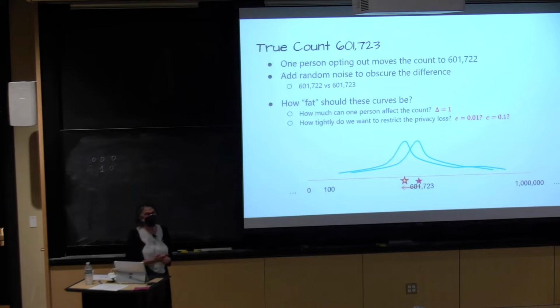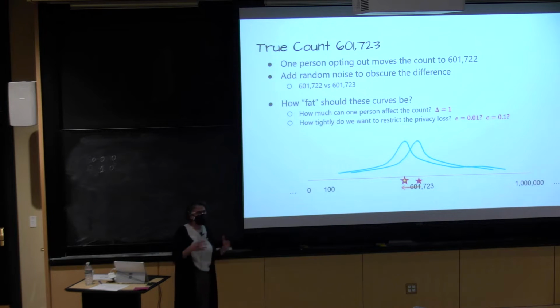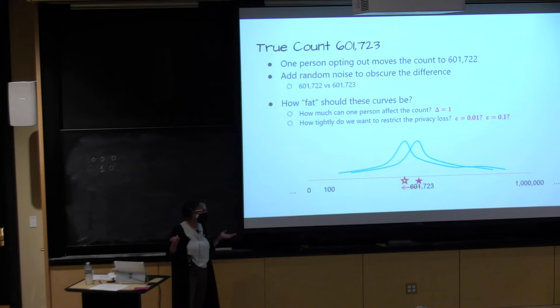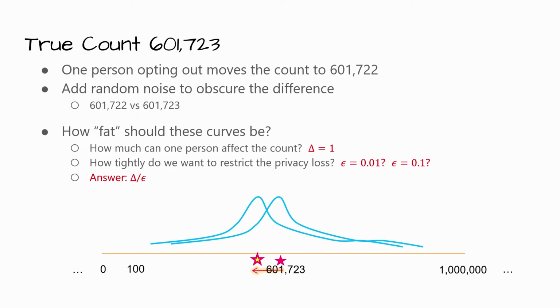But we're also interested in restricting the privacy loss. And so we want to have less privacy loss when epsilon is small, or we might be willing to be permissive and have epsilon, the privacy loss bound, be large. So the right answer is going to be of this form. We're going to add noise whose fatness looks something like delta over epsilon.